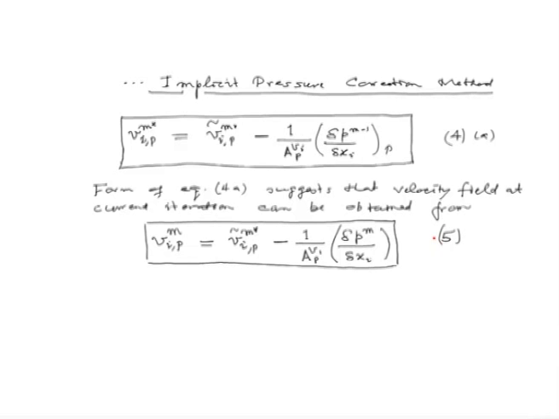Okay. The first term is known because we can obtain VI M star from the solution of our linearized system. So, the first term is known.